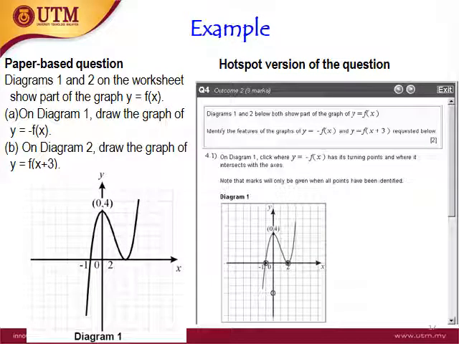The example given here is a paper-based question and a hotspot version of the question. Now hotspot means we upload an image and ask the students to specify certain areas in the image.